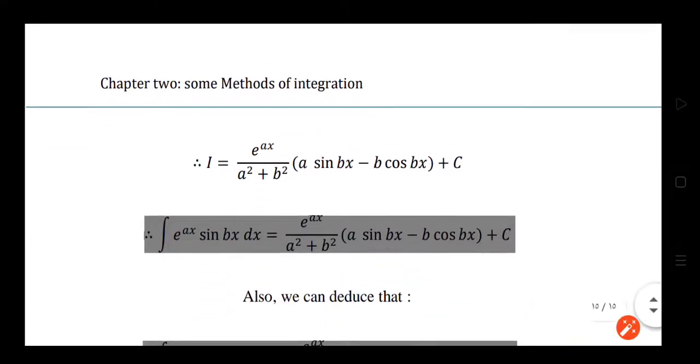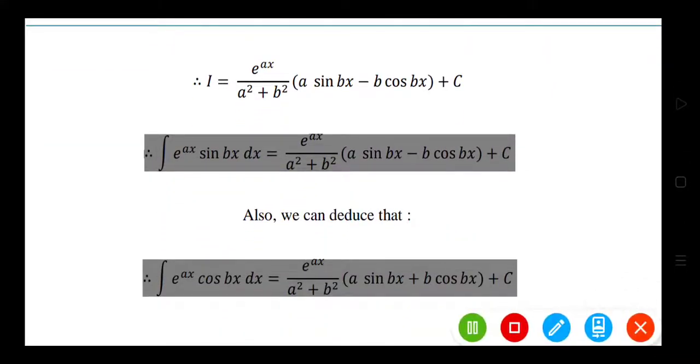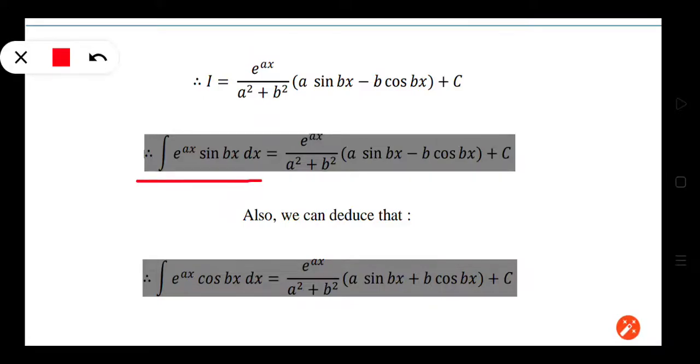Now we can say that the integration of e power ax times sine bx equals e power ax over a squared plus b squared brackets a sine bx minus b cosine bx plus constant.